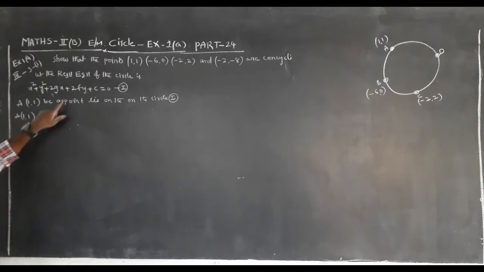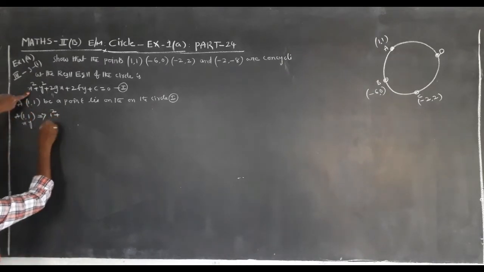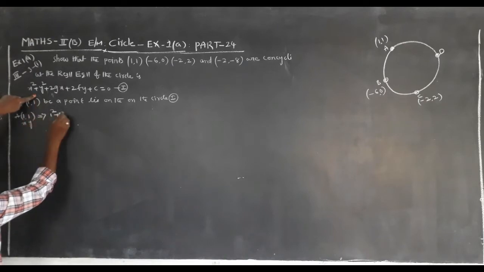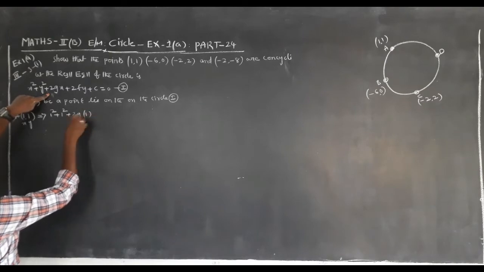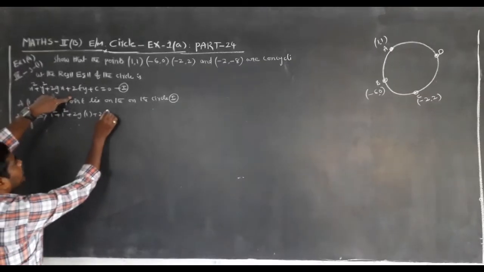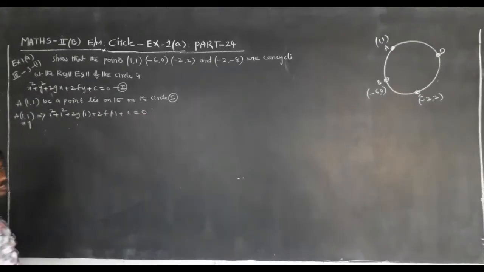Substitute in equation 1: x equal to 1, y equal to 1. 1 square plus 1 square plus 2g into 1 plus 2f into 1 plus c is equal to 0.